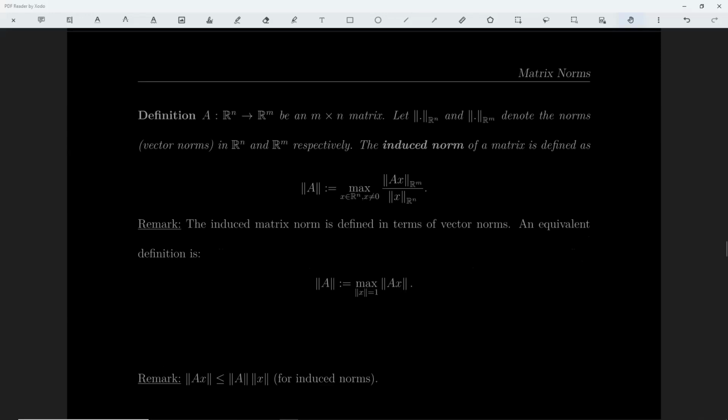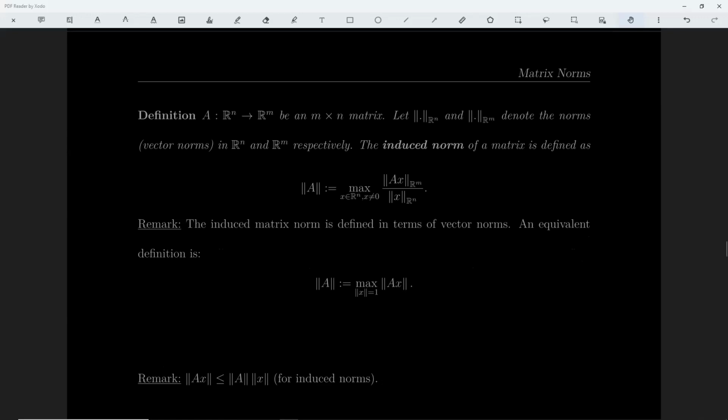Alright, so another important definition for constructing norms of matrices is the concept of an induced norm. The idea is that I would like to define a norm on the matrices, and I still want to use the norm definitions on the vector spaces.